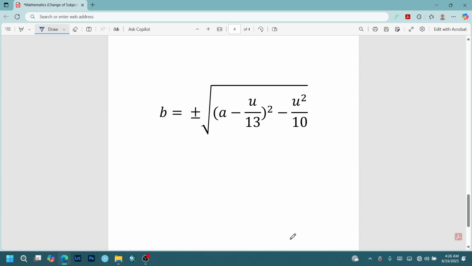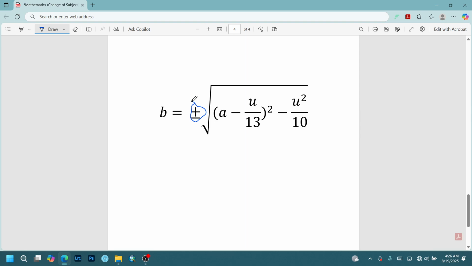This is our final answer. The plus or minus sign here is used in mathematics before square roots when expressing solutions that include both positive and negative roots, especially in equations.